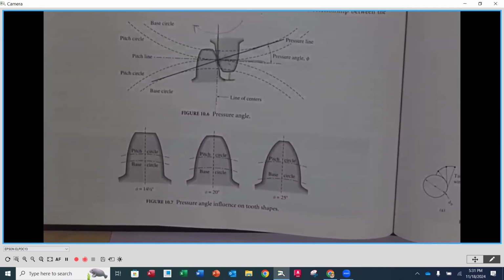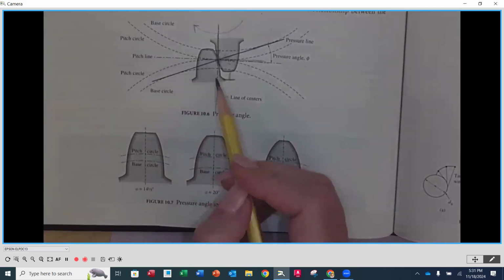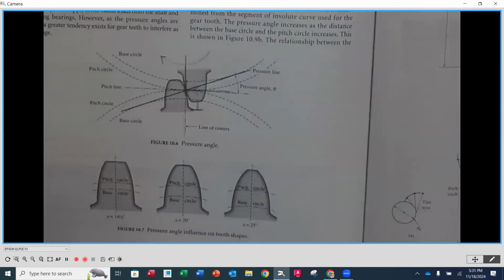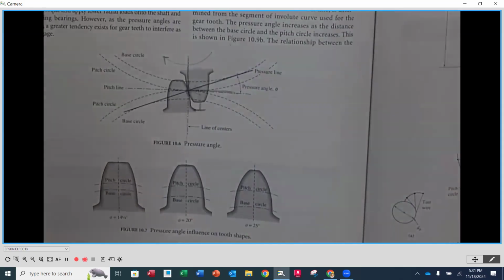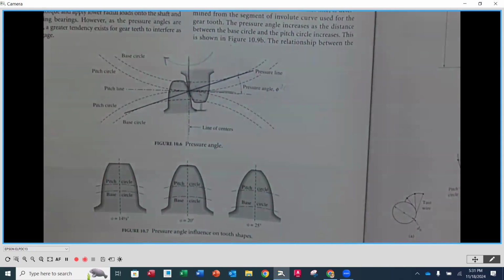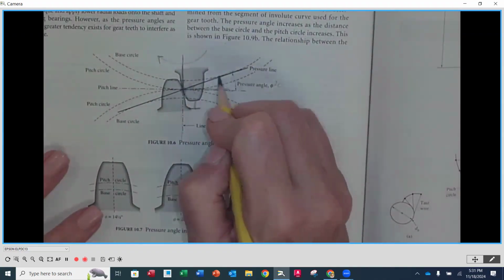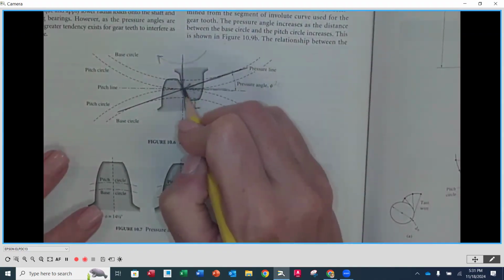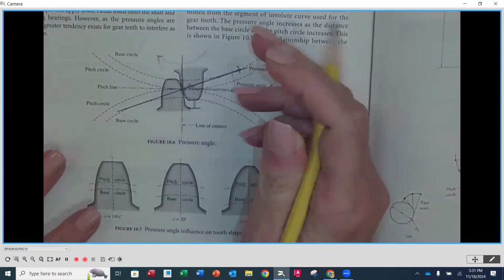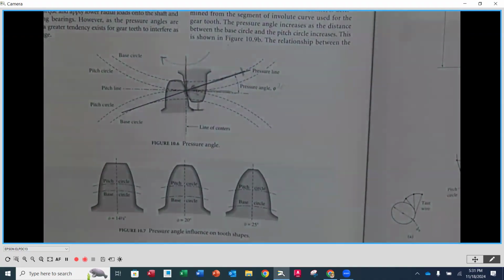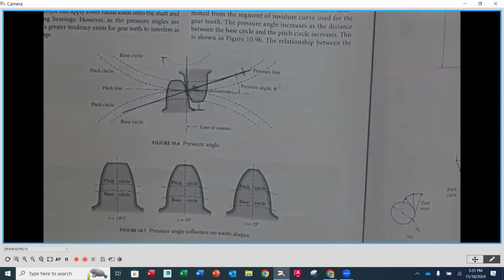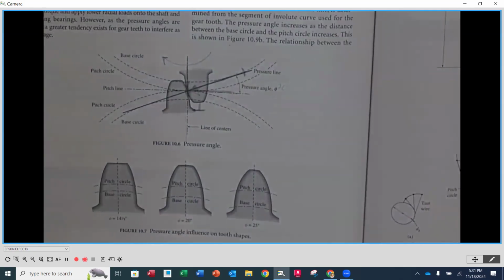Now, the difference between them. As we look at this angle coming in, I'm going to go middle of the road with this one. Let's imagine that this angle right here is the 20 degrees. If I go along that line and show a resultant force coming in being transmitted, we are not going to be worrying about forces in this class, but let's say my resultant force is coming in, just for the sake of why there are three different angles.